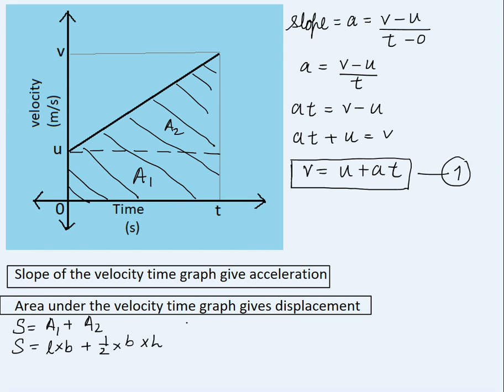So for the rectangle, this is my length, and my length is represented by time, that is t, and this is my breadth. So the breadth of this rectangle is u, so this is t into u plus half. Again for the triangle, the base remains the same, that is t, and this is the height.